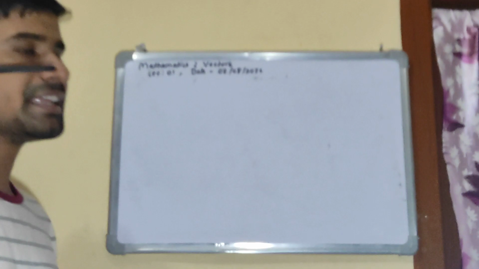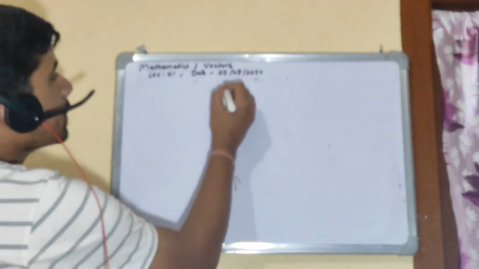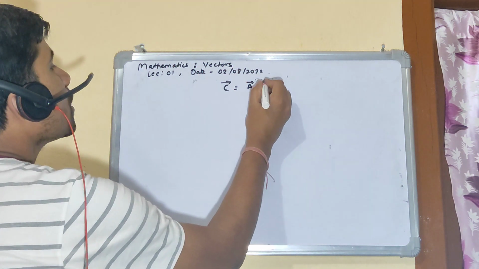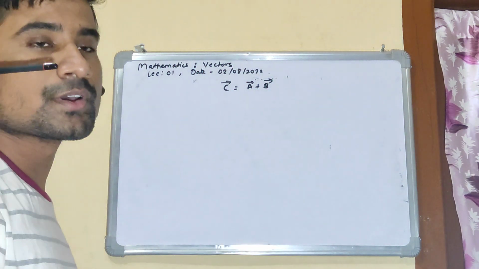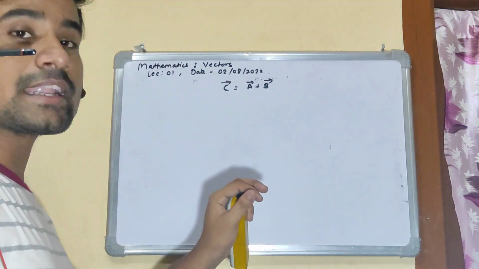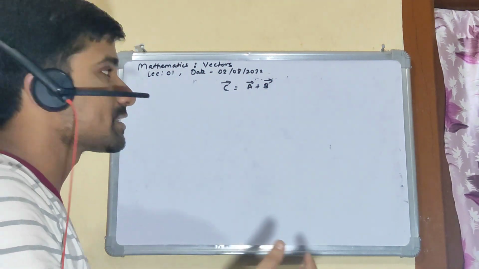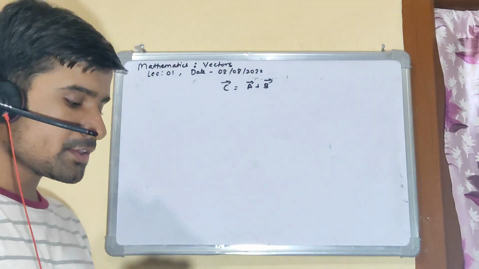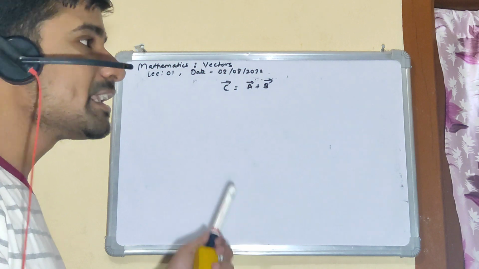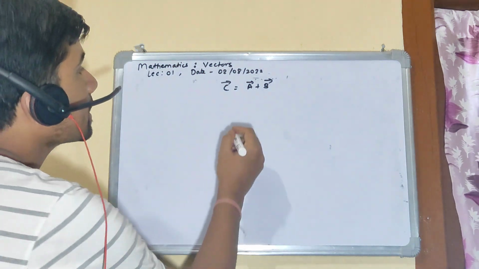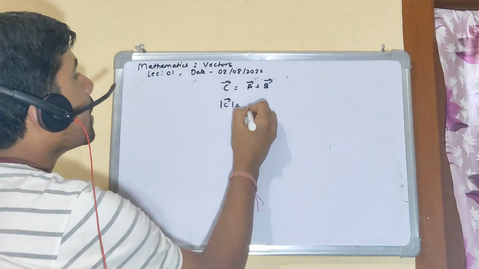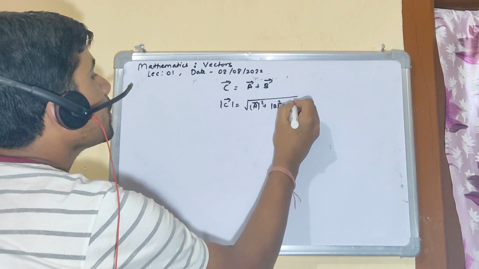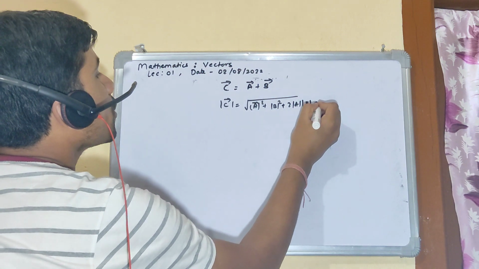So we just studied addition of two vectors, right? If C vector is A vector plus B vector, how can we calculate the magnitude of C vector? It's not like direct calculation in scalar quantities, where we can algebraically add A and B and find C, right? So here we followed triangle law and found the magnitude of C, which is given by under root A vector square plus B vector square plus 2A vector B vector cos theta, right?